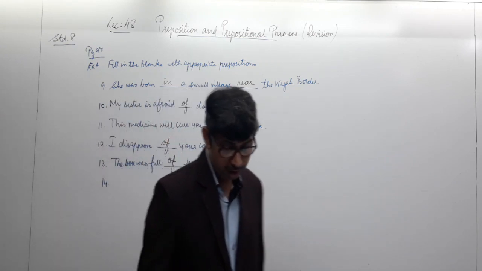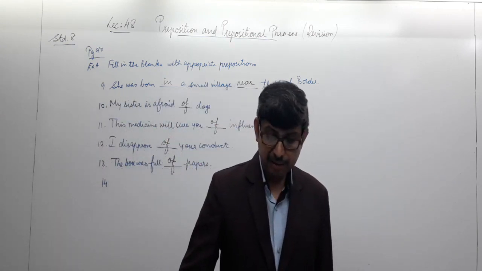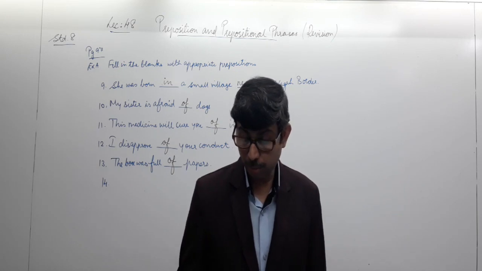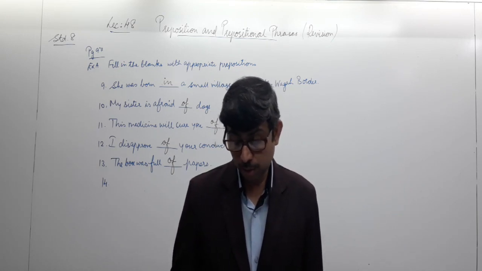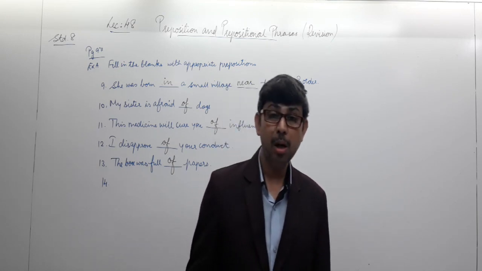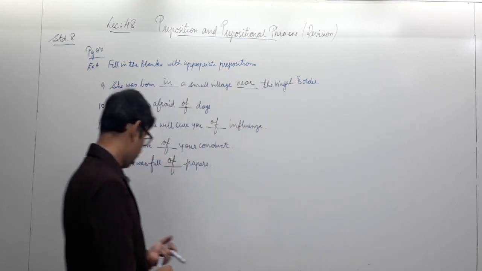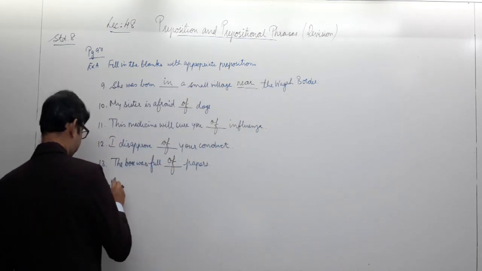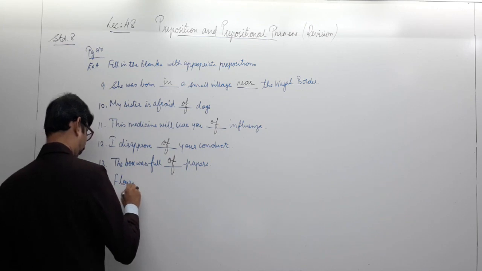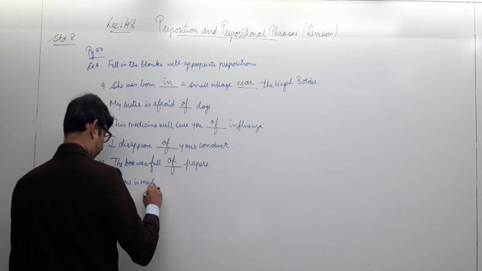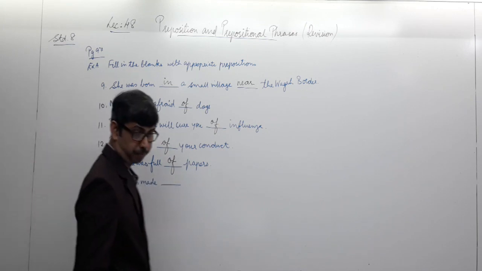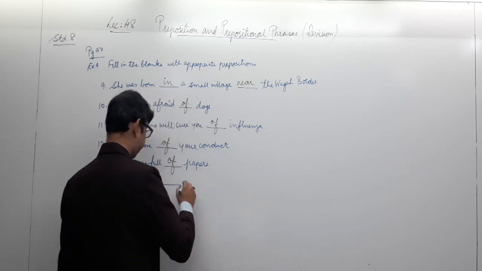14th one. Flour is made dash wheat. We are talking about flour. When you grind some grain, you get the powder from it. So flour is made dash wheat.